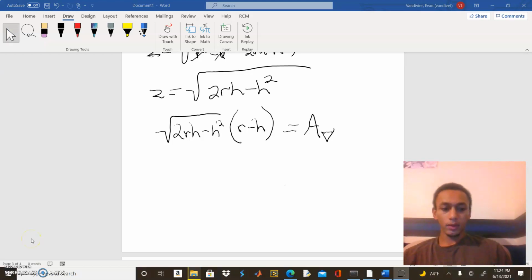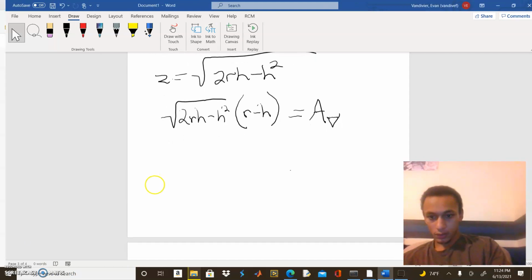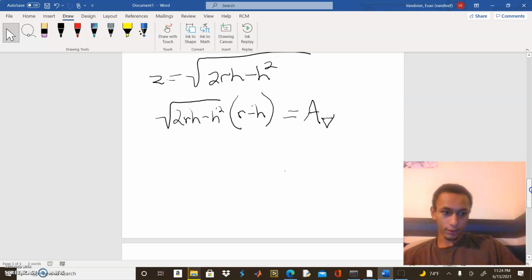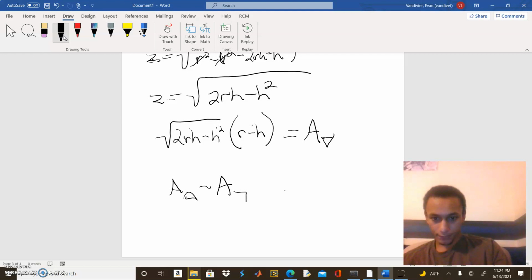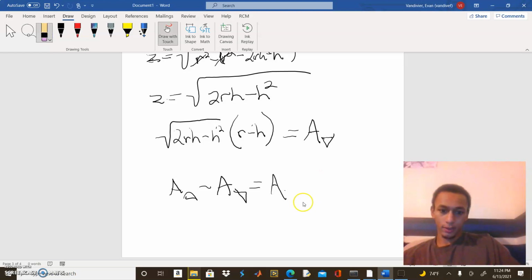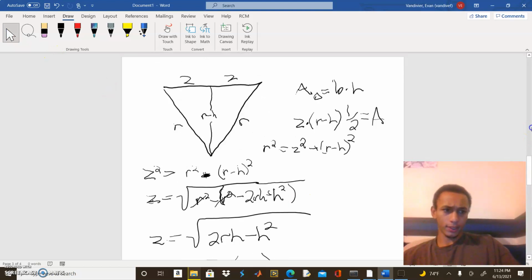So now we need to subtract. I do not have draw on, that's my bad. We have the area of the semicircle minus the area of the triangles to equal the area overall. So let me make that a different name, since it's not the area of the water, which I called all the way up at the top.